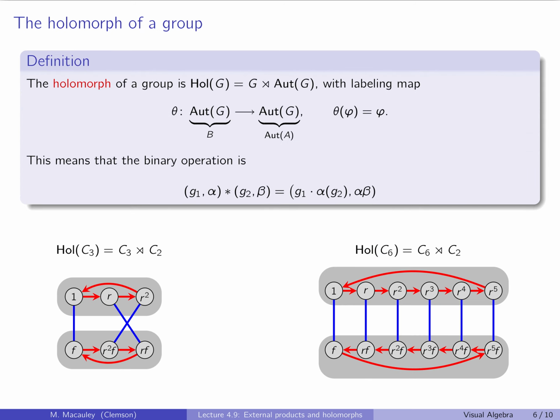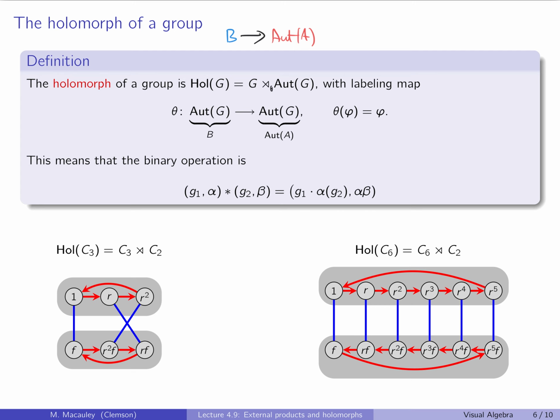Here's a new definition, which made its way into the title of this lecture, and that is the holomorph of a group, denoted hol of G, which is just the semidirect product of G with the automorphism group of G. I should say a semidirect product, but it's a fairly canonical one, so I will omit the subscript. I guess it wouldn't hurt to put the subscript in here. And I should tell you what this labeling map is. Well, remember, the subscript generally goes from B to the automorphism group of A. So we label each big balloon with a rewiring of this.